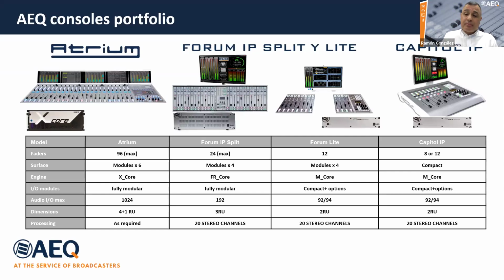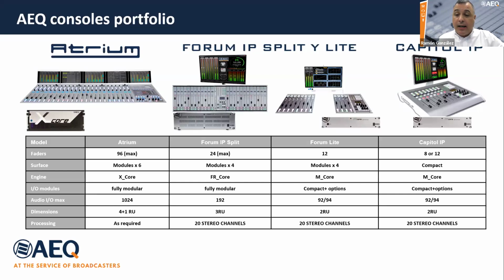And finally, our top-notch model, which is called Atrium. Atrium is for more demanding workflow requests. In this case, with Atrium, we are up to 96 faders, and we can share those 96 faders in up to 6 control surfaces, sharing the same engine. So it's a very good advantage that we can provide with Atrium: with only one engine, we are up to 6 control surfaces.